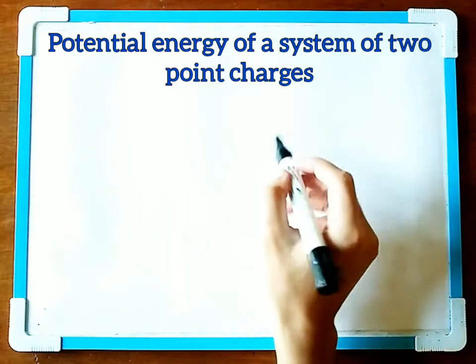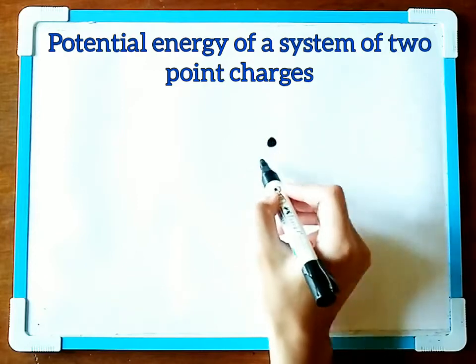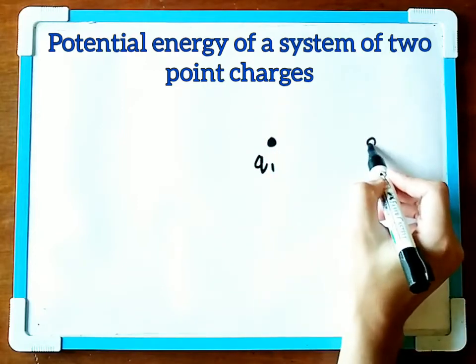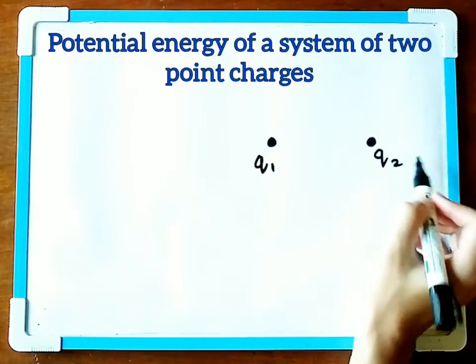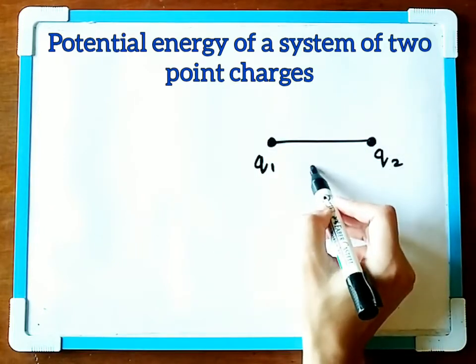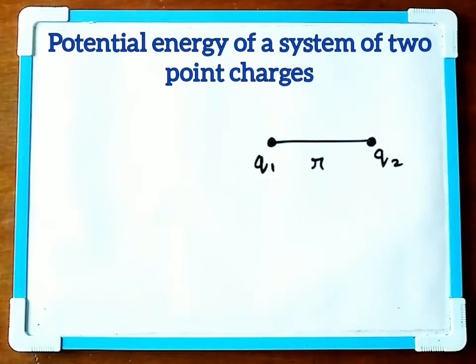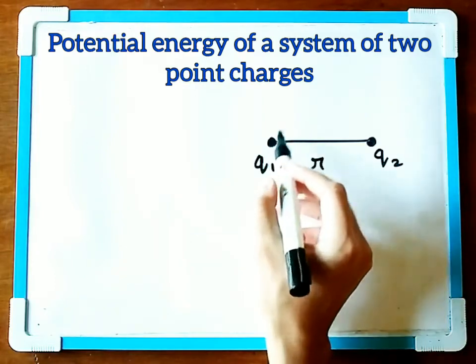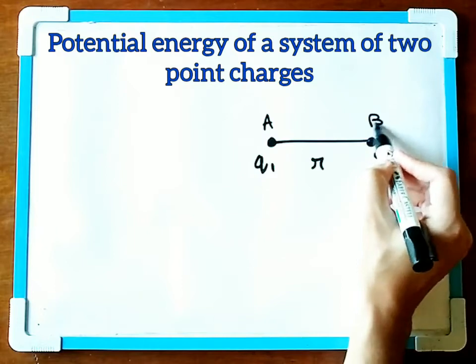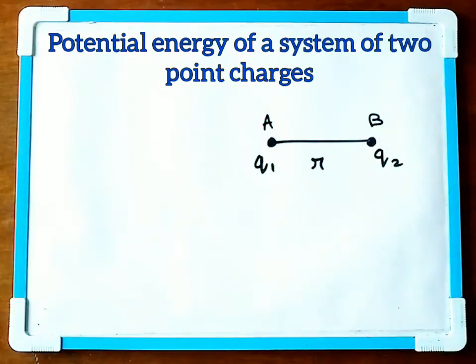If we have 2-point charges, say Q1 and Q2, separated by some distance r, then the potential energy of this two-charge system is defined as the work done in bringing these two charges from infinity to these positions A and B against the electrostatic force.